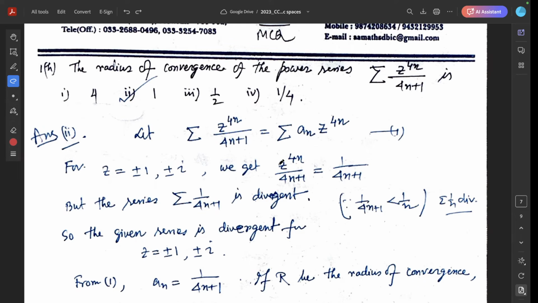Put z equal to 1 or minus 1 or i or minus i, we get 1 by 4n plus 1. But summation 1 by 4n plus 1 is divergent, because this 1 by 4n plus 1 is less than 1 by n, and 1 by n is divergent. So the given series is divergent for the points z equal to plus minus 1 and plus minus i.